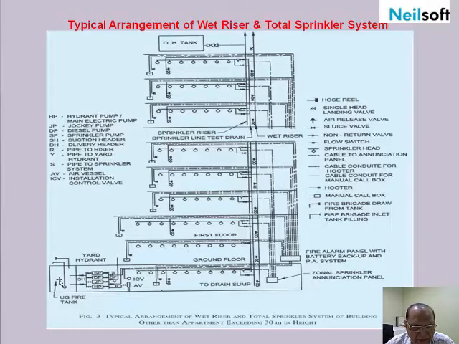It is provided with the storage tanks, and these are the pumps and the major accessories required for the systems. What we see over here is a zonal sprinkler annunciation panel.